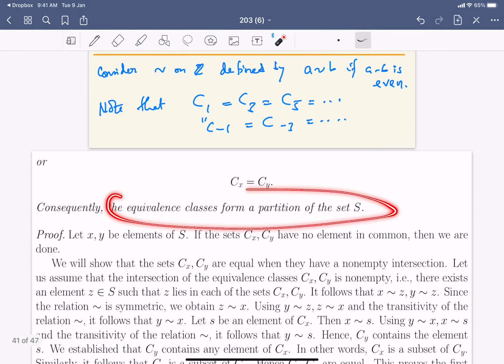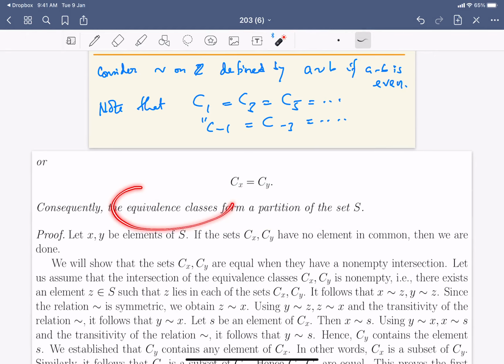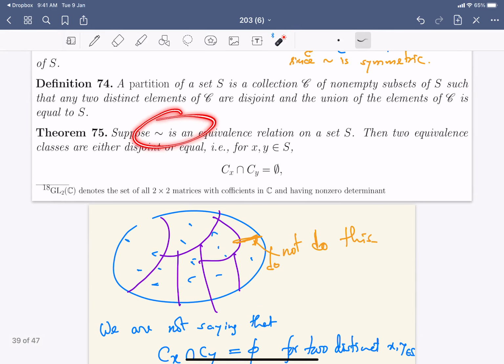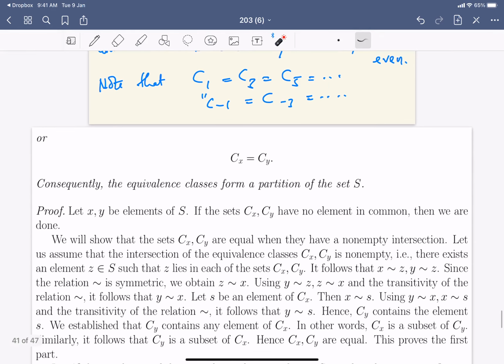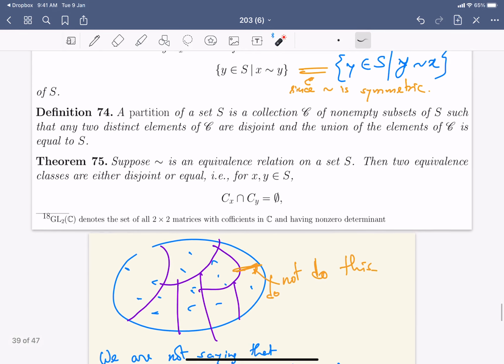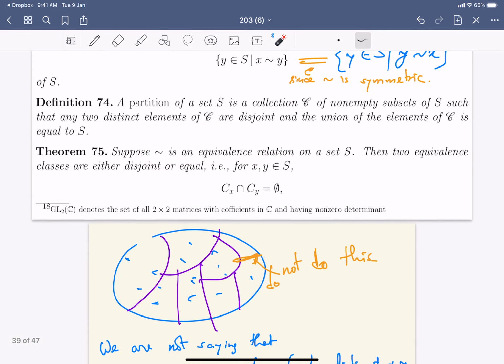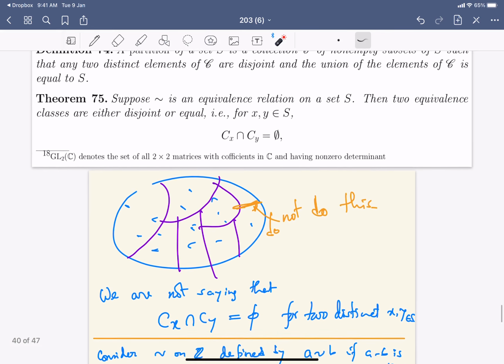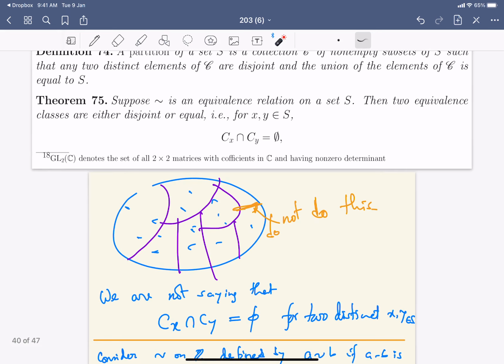In this sentence we have been talking about the equivalence classes, but it is implicit that we are talking about them under this equivalence relation tilde. We may talk about equivalence classes without referring to an equivalence relation, but in that case it is implicit that we have one in mind, or that it is clear from the context.